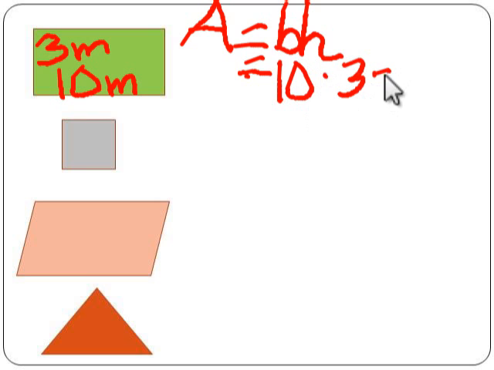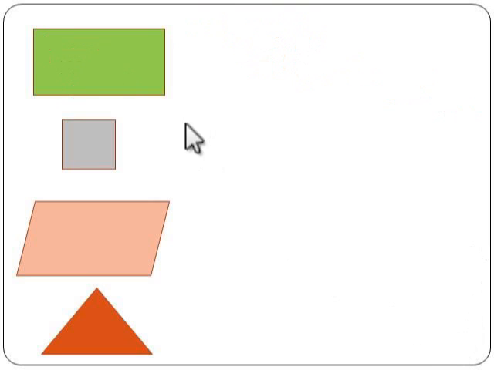And 10 times 3, of course, is 30. And since we're doing area, it's going to be 30 square meters. So that was easy. Okay, so moving on to the square, same formula, area equals base times height.